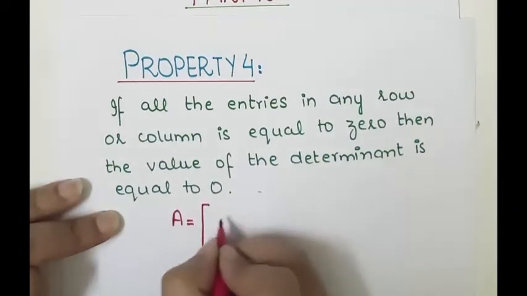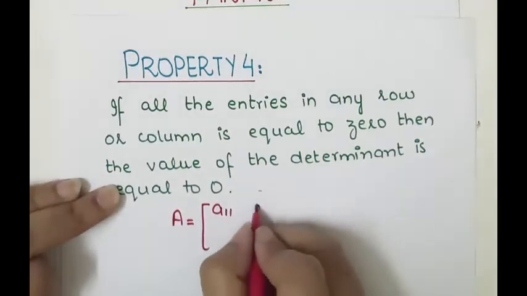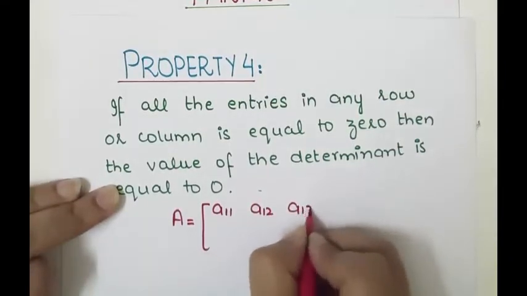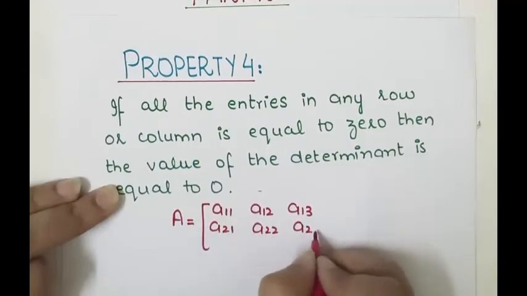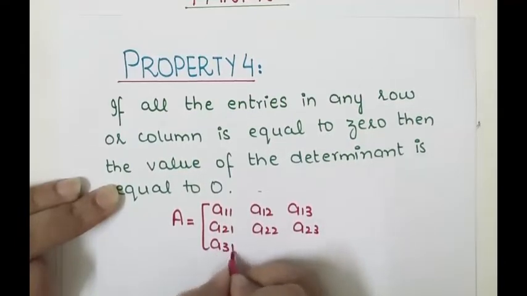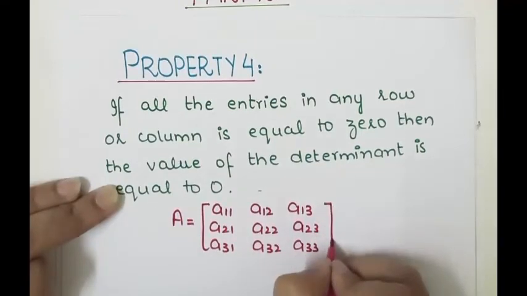Like if we have A11, A12, A13, A21, A22, A23, A31, A32, A33.